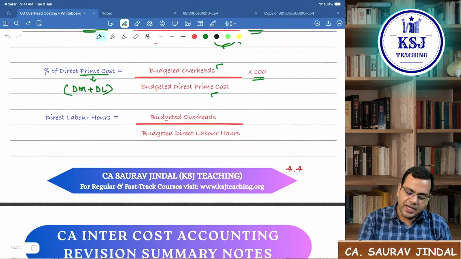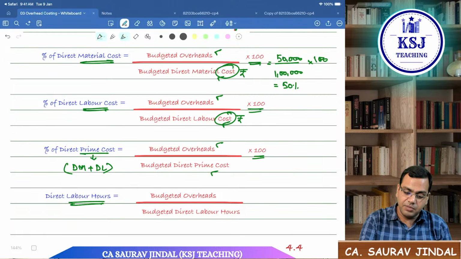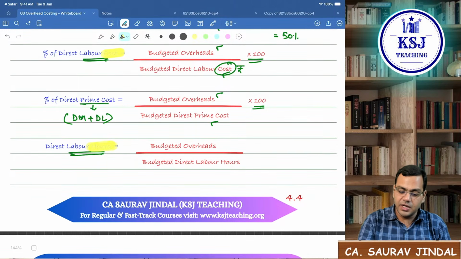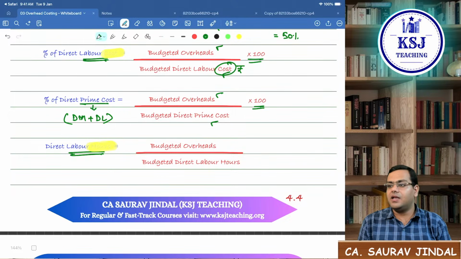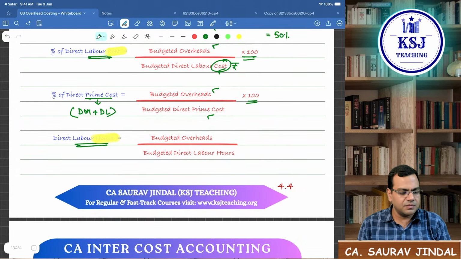Next is direct labor hours. Earlier the word being used was cost, but now we are using the words direct labor hours. Direct labor hours means what? For every 1 hour which our labor is working, what is the overhead cost that we are incurring? Overhead for the labor means tea and coffee expense, right?